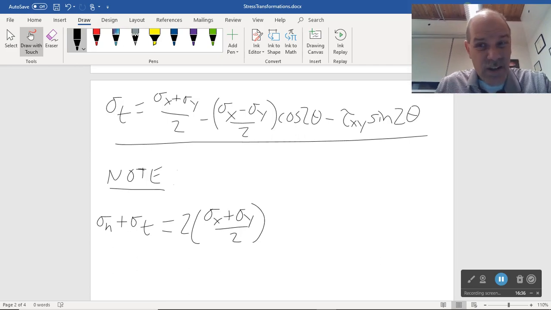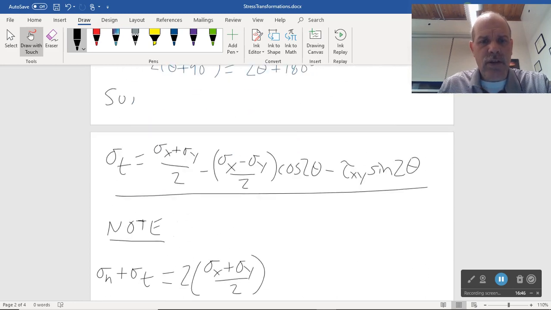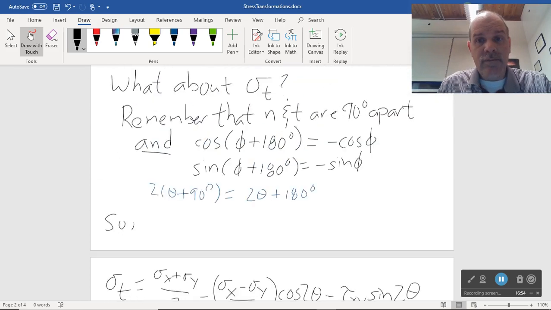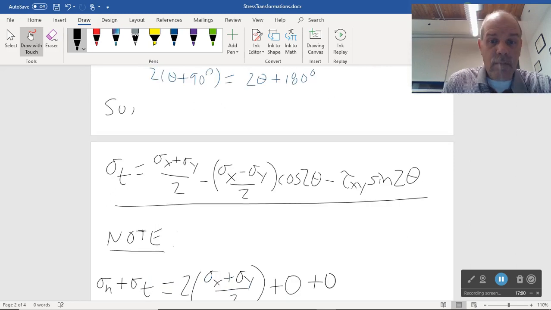And it looks like things are going to start getting a little bit funky, except, well, sigma t has a minus sigma x minus sigma y over 2 cosine 2 theta. And sigma n has a plus sigma x minus sigma y over 2 cosine 2 theta. So that's 0. They cancel each other out. I've got a minus tau xy sine 2 theta. I've got a plus tau xy sine 2 theta. They cancel out. Plus 0.